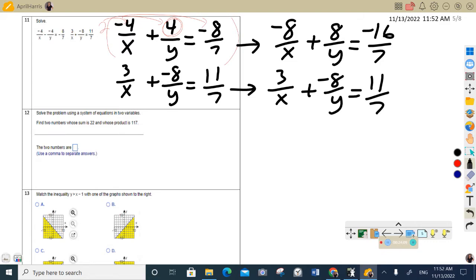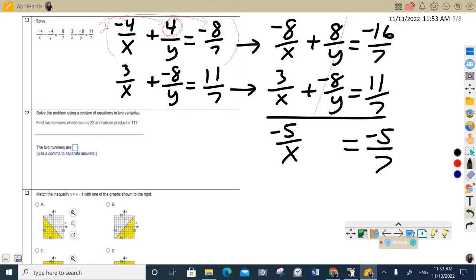And so we're going to add vertically, and 8 over y plus a negative 8 over y is going to cancel. Negative 8 over x plus 3 over x is going to be negative 5 over x. So you have common denominator, so you keep the denominator and add the numerators. And over here we have negative 16 over 7 plus 11 over 7. That's going to give us negative 5 over 7.